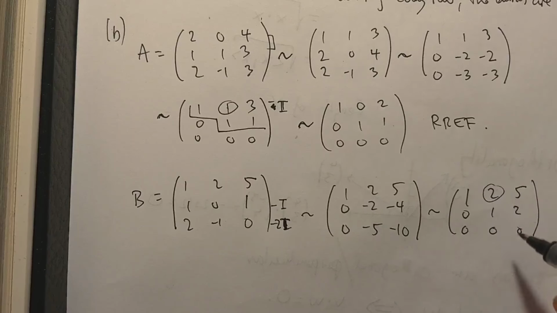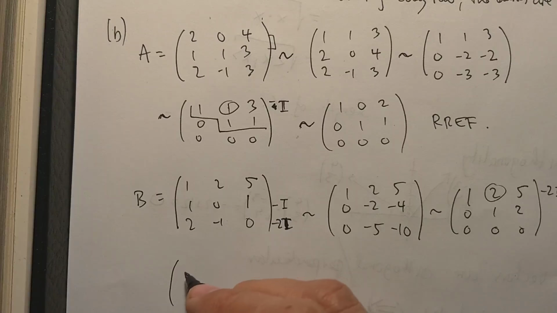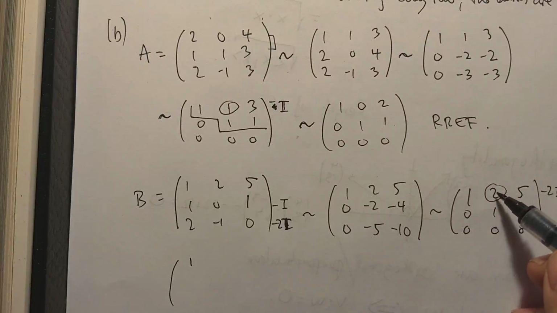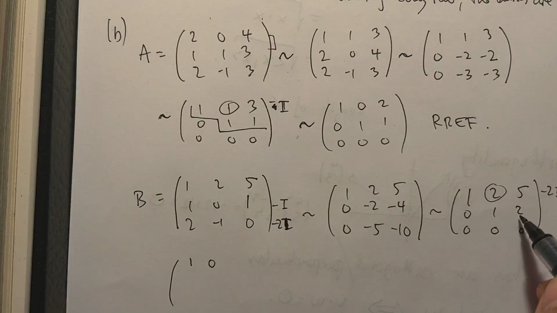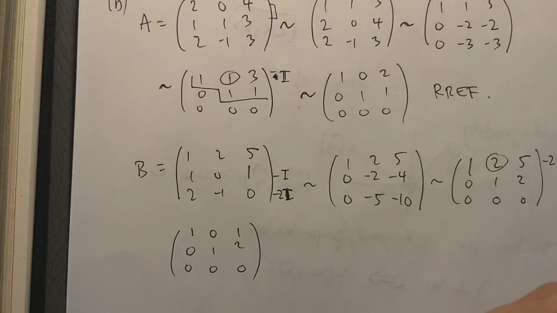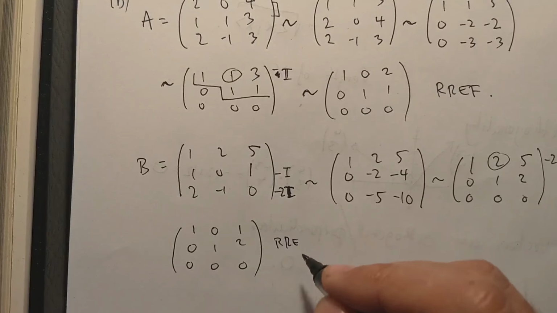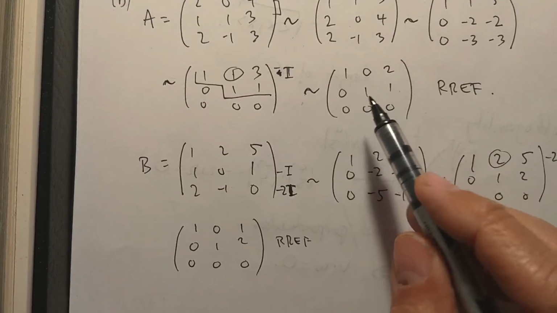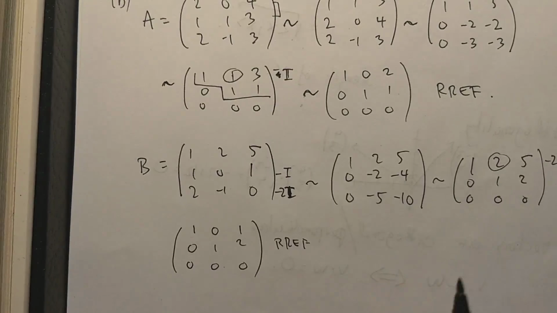Then we have to get rid of this 2 there by subtracting twice the second row from the first: 1, 2 minus 2 is 0, 5 minus 2 times 2 is 5 minus 4 is 1. This is the reduced row echelon form. So we see that the reduced row echelon forms for A and B are different, so there's no way that A and B are row equivalent.